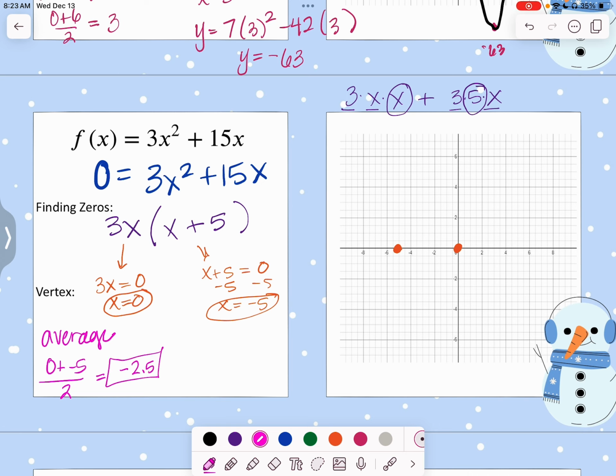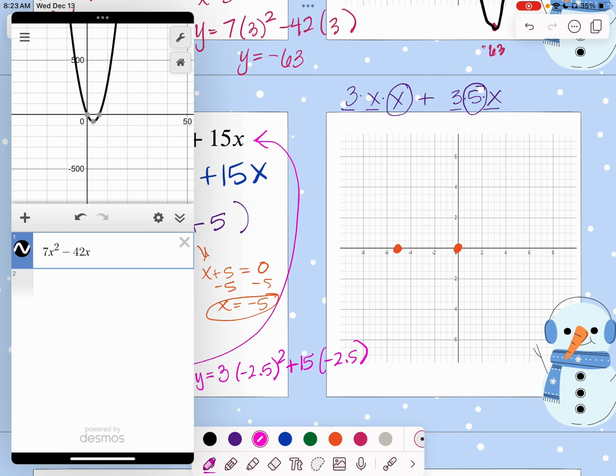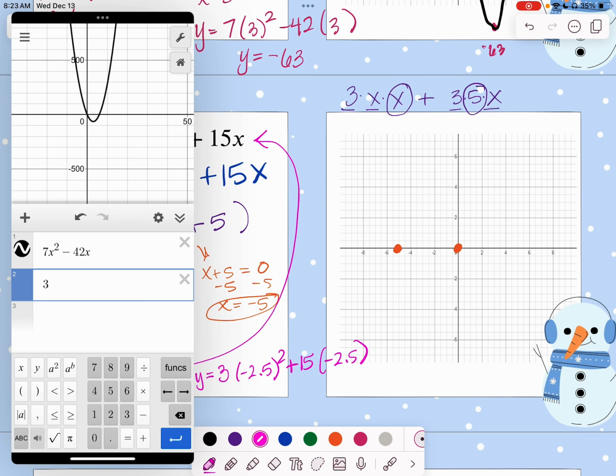Let's plug that in to find the y value. 3 times negative 2.5 squared plus 15 times negative 2.5. Get my calculator up here. Remember that this goes in parentheses.